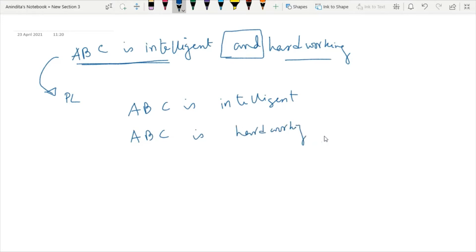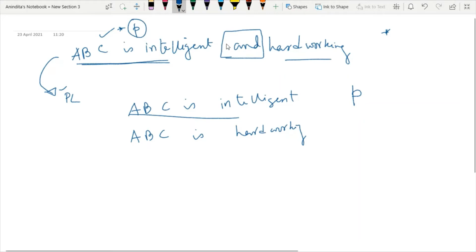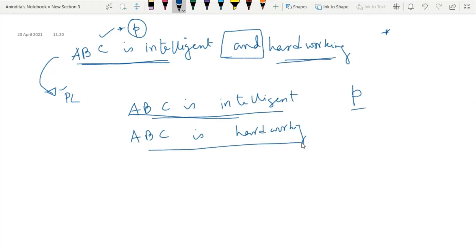And the propositional logic representation will be: for ABC is intelligent, we use the letter P. Why am I starting from P? It is a convention that whenever we denote a particular sentence as a proposition, the first sentence will start from P. P is the starting letter of proposition, and then the rest of the sentences will follow as P, Q, R, S, T, something like this. So the first statement will be written as P and the second statement will be written as Q. In some books you will find capital P and capital Q. Both notations are acceptable.